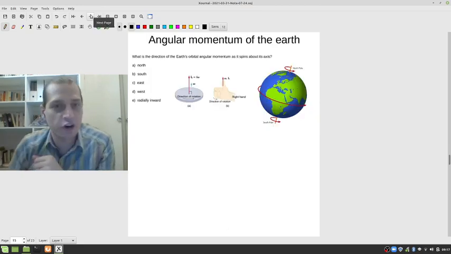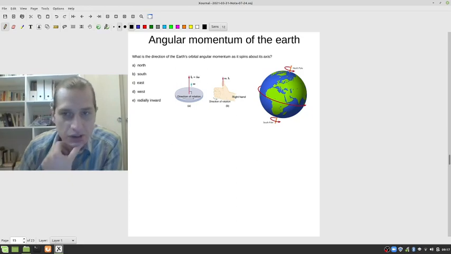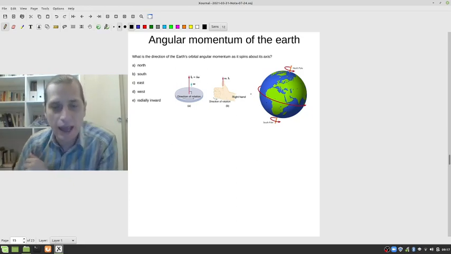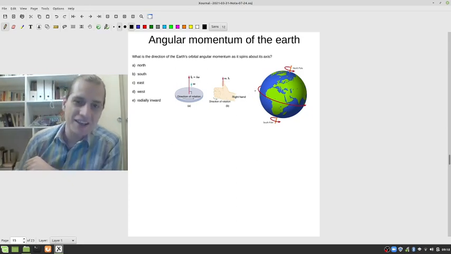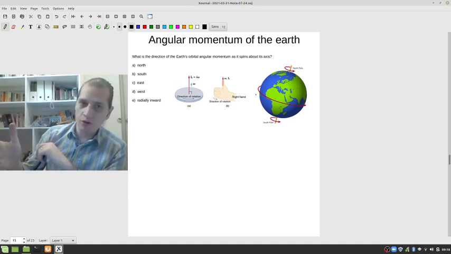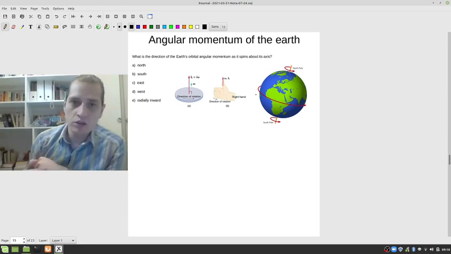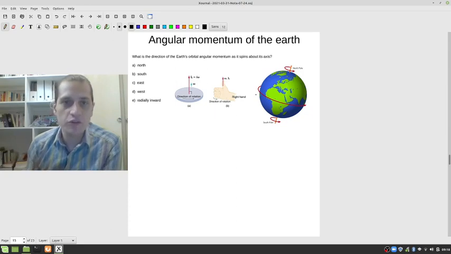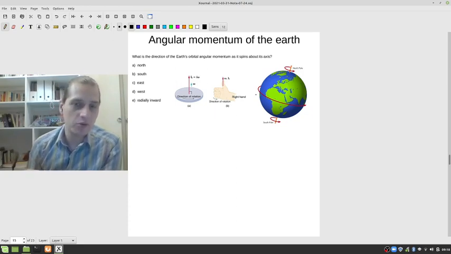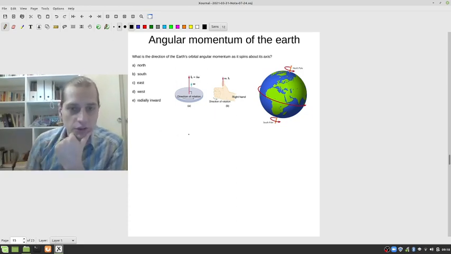Angular momentum of the Earth. Okay, so here's a picture of our Earth spinning happily around its axis. If we use our right hand rule, it asks, what is the direction of the Earth's angular momentum as it spins about its axis? If you wanted to find the Earth's angular momentum, you would look up the rotational inertia of a spinning ball.